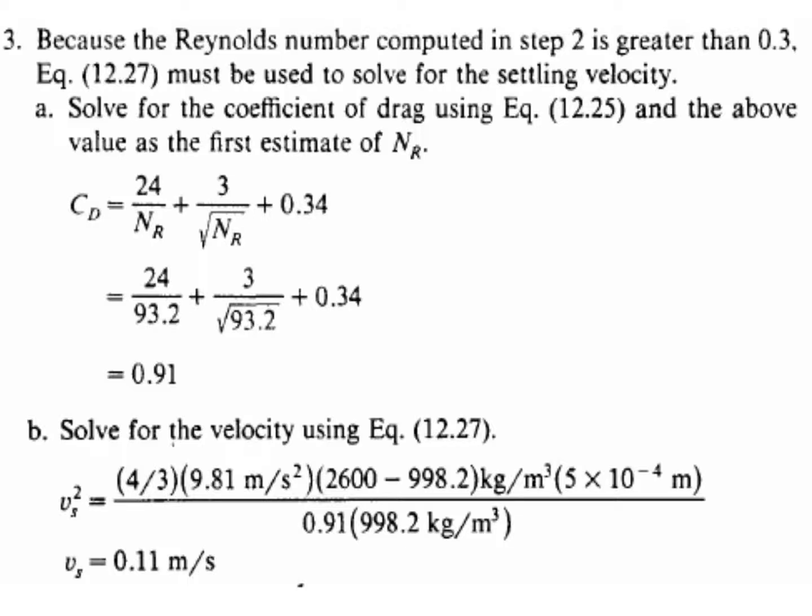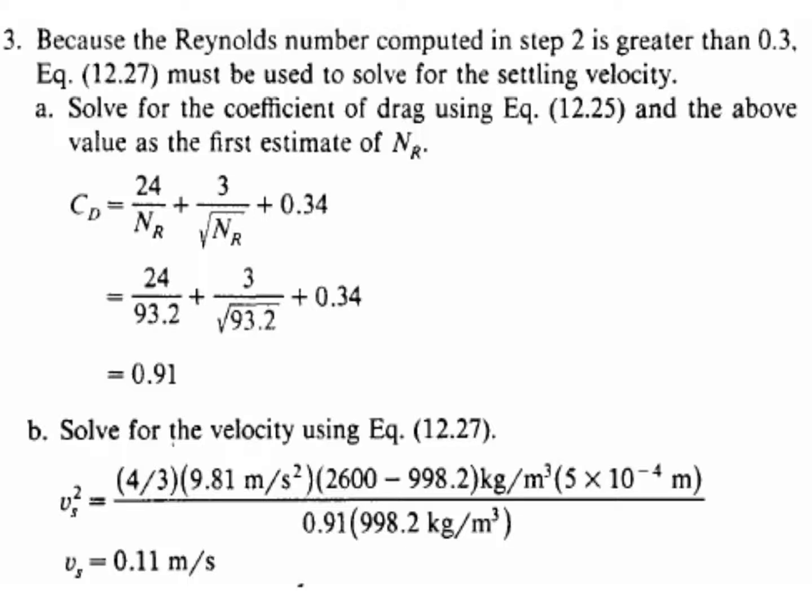First, you have to find the drag coefficient. The drag coefficient is 24 over Reynolds number plus 3 over the square root of Reynolds number plus 0.34. If you remember, we had laminar flow, turbulent flow, and transitional flow. Here, the Reynolds number from the previous slide you plug into this formula, and you will find CD as 0.91.